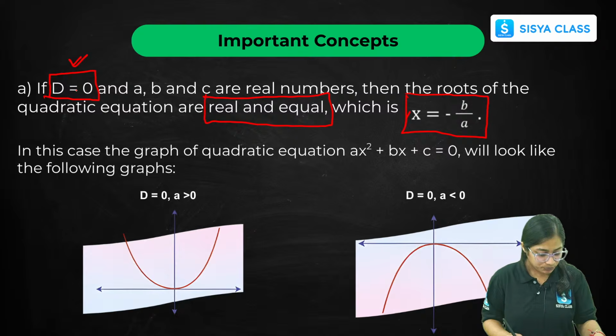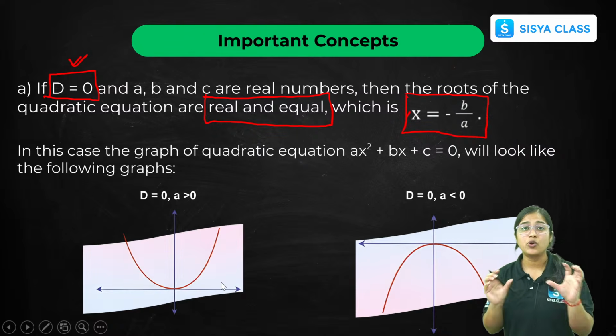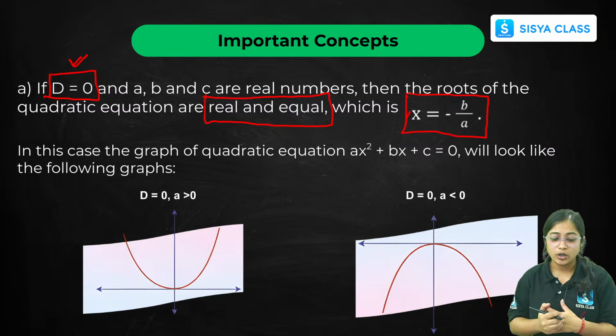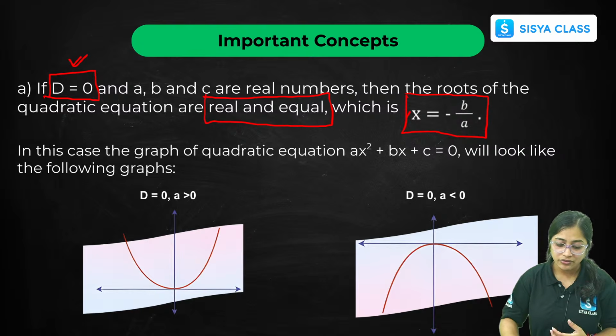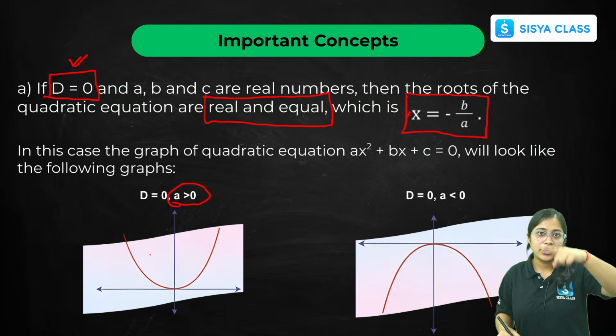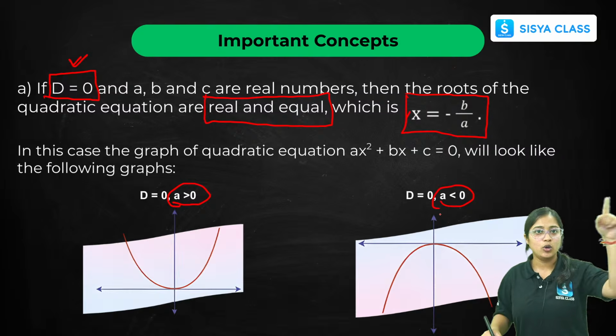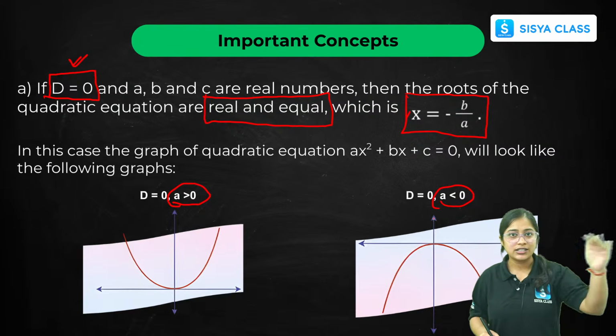Got it everyone? Now after this, how does the graph of a quadratic equation look when D equals 0? When the value of a is positive, it looks like an upward parabola, right? And when it is negative, it looks like a downward parabola.